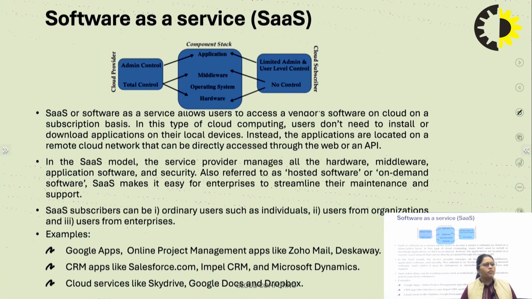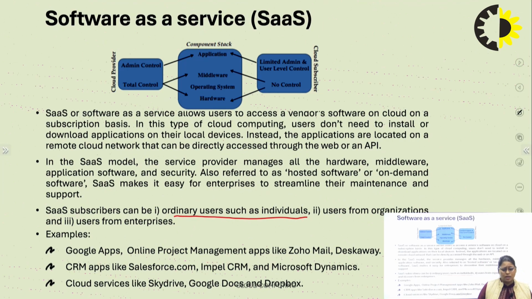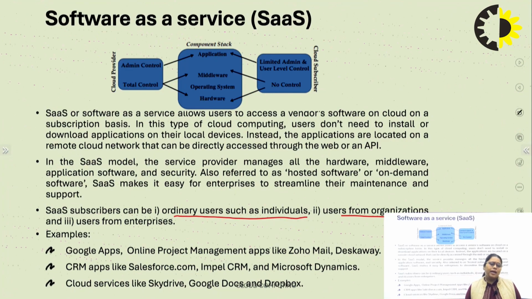So, SaaS, or software as a service, allows the user to access a vendor's software on the cloud on a subscription basis. We just have to pay for these services. In the SaaS model, the service provider manages the hardware, middleware, application software and security, and any organization or individual user can use the SaaS services. They can access the services from the cloud provider, and users from an organization, an enterprise, any type of user can access the SaaS services.